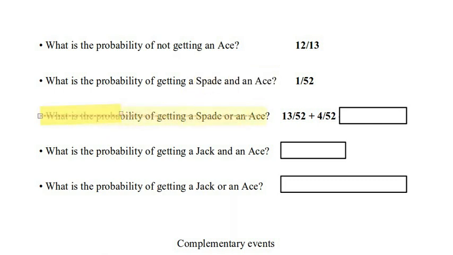We counted it once as a spade, and then we counted it again as an ace. So in other words, in that 13/52 among the spades is the ace of spades. One of these is the ace of spades. Similarly, among the 4/52, one of those is the ace of spades. We've counted it twice.